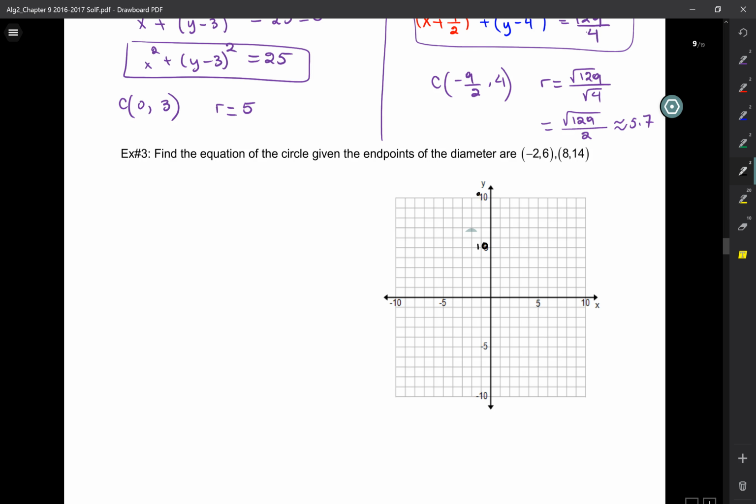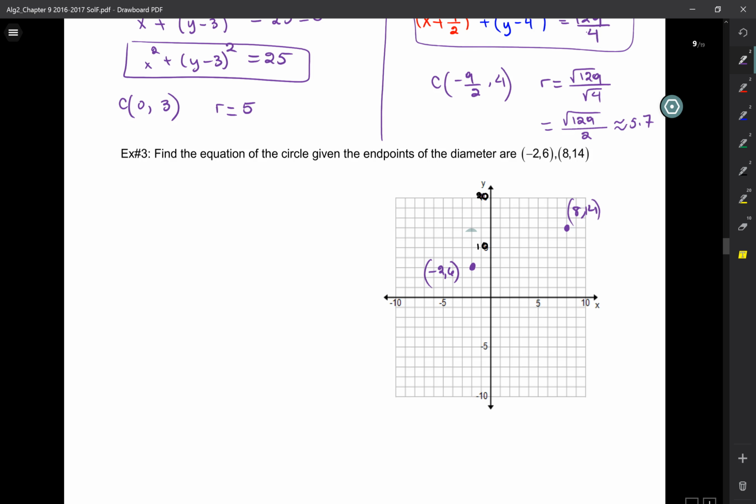Wouldn't that just be midpoint? Negative 2, and 2, 4, 6. That's one end. And then 8 and 14 is the other.